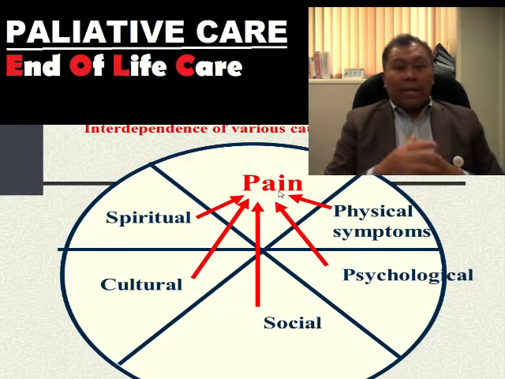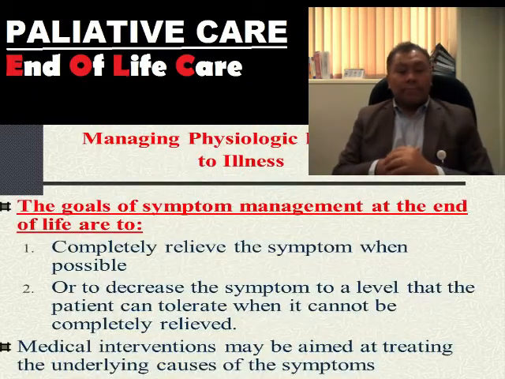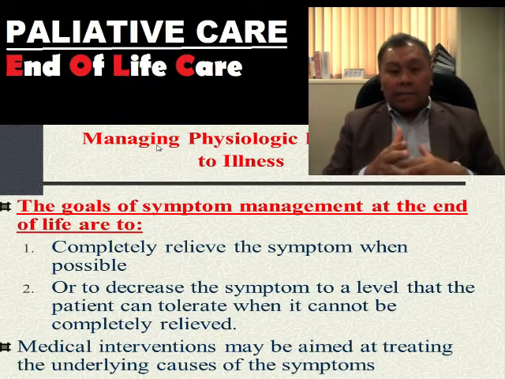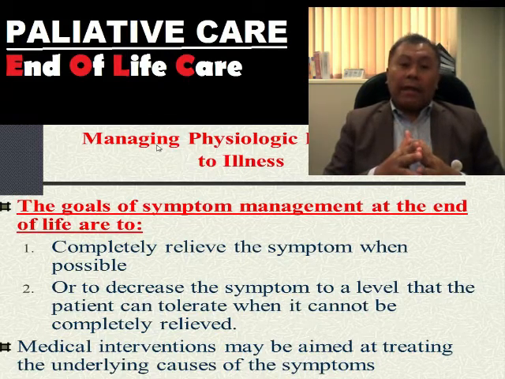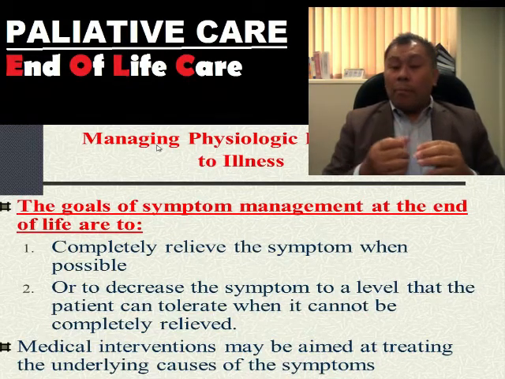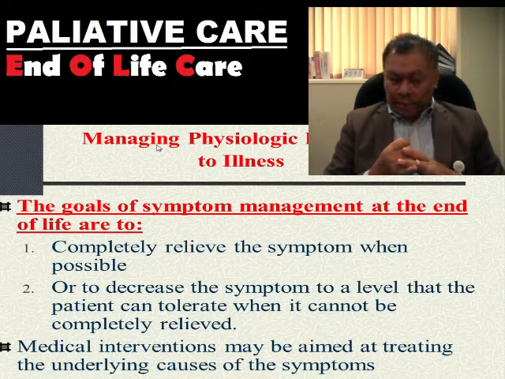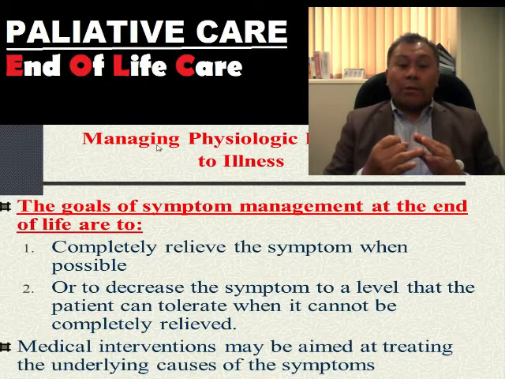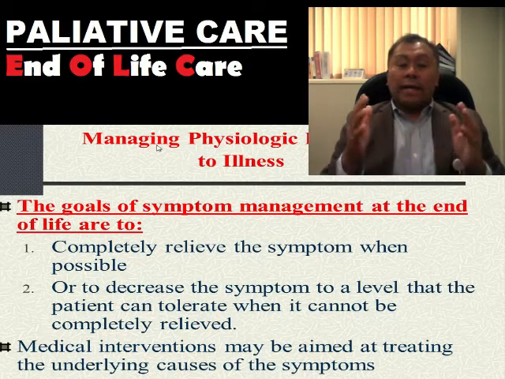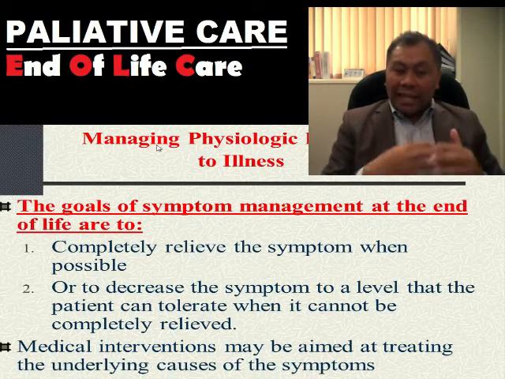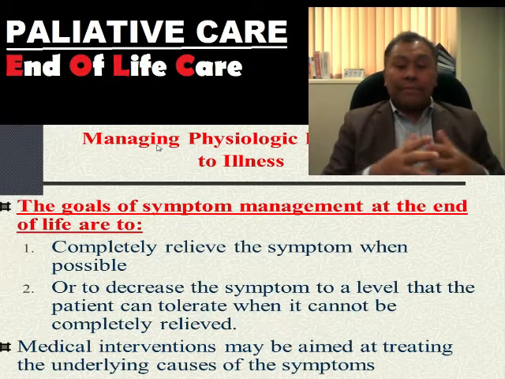So how to manage physiologic responses to illness? Our goal here, in symptom management at the end of life, is to completely relieve the symptoms as much as possible. If not, you are going to decrease the symptoms to a level that the patient can tolerate when they cannot be completely relieved.